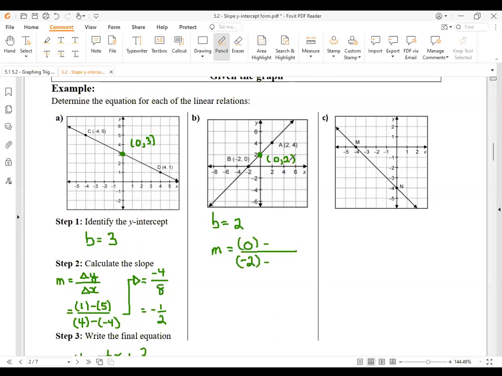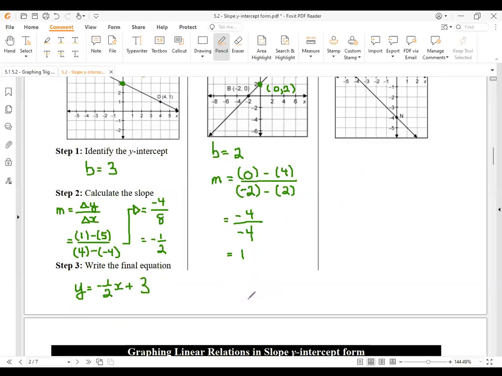Minus, minus. My y value is a 4. My x value is a positive 2. 0 minus 4 is a minus 4. But negative 2 minus a 2 is a minus 4. My slope is a 1. Therefore, the equation is mx plus b.